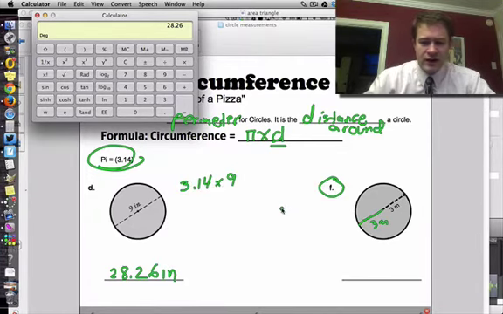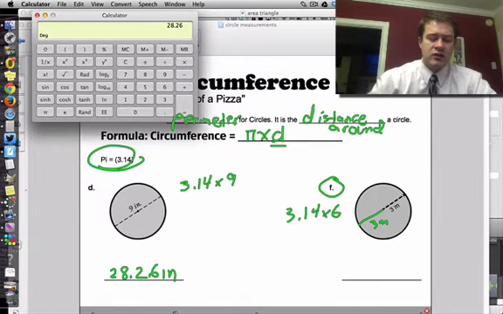And so if I would have that, I would do 3.14 times 6, and I would do that on the calculator. 3.14 times 6, and that's going to give me 18 and 84 hundredths meters.